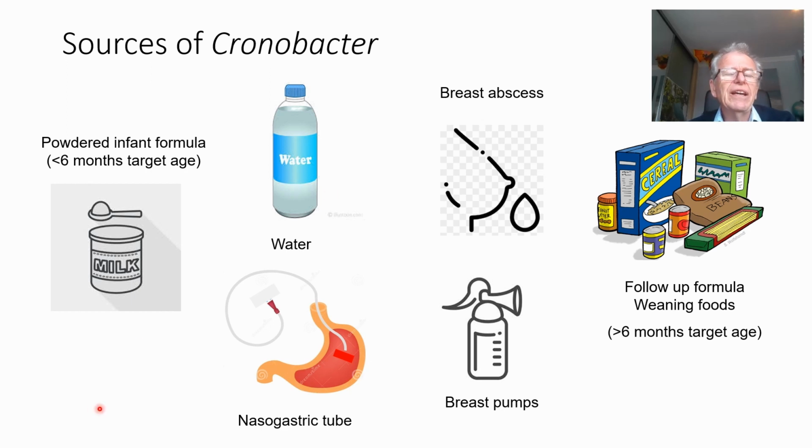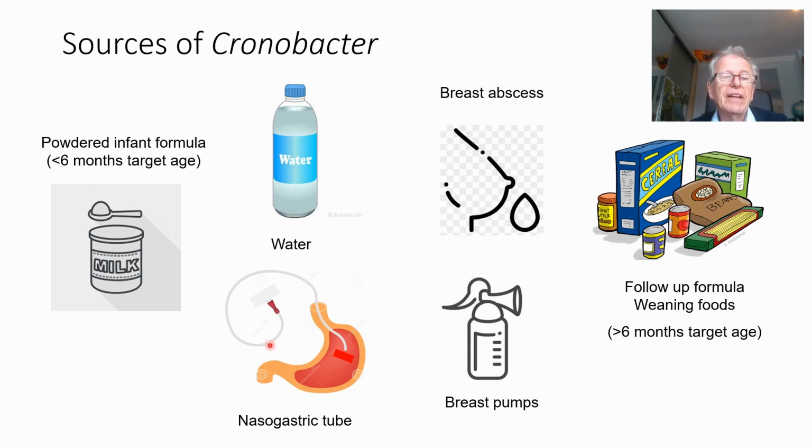With regard to the infant situation, the sources can be powdered infant formula, and here we're dealing with infant formula manufactured for infants less than 6 months in age. It has been found in the water, bottled water, being used to reconstitute infant formula.